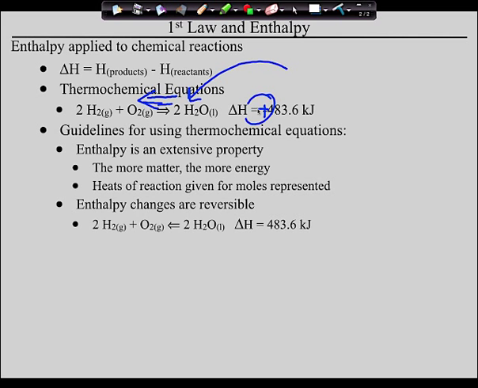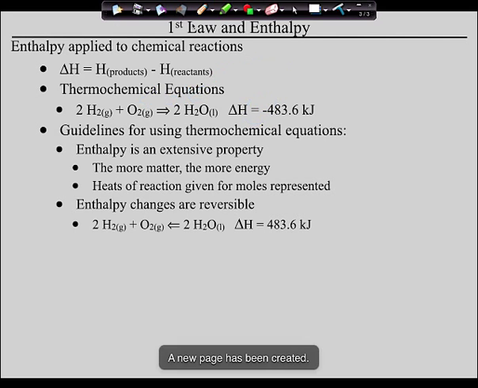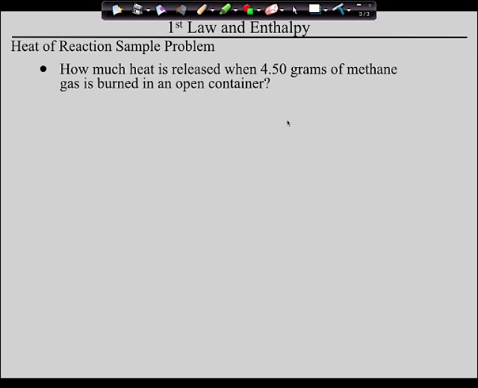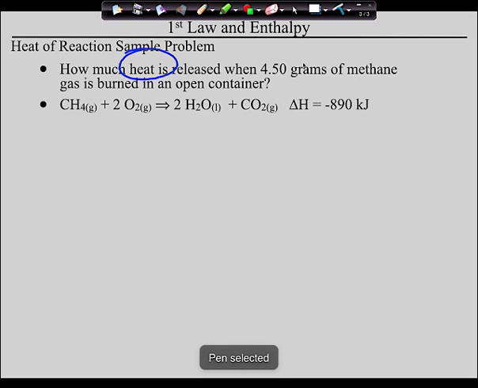All right. So guys, what you're going to see, and we actually only have a couple minutes left, what you're going to see in homework, and I'm going to let you fiddle with these, is that we can actually take reactions like this and we can do math with them through dimensional analysis. You can actually figure out how much heat is released when you burn, for example, 4.5 grams of methane.